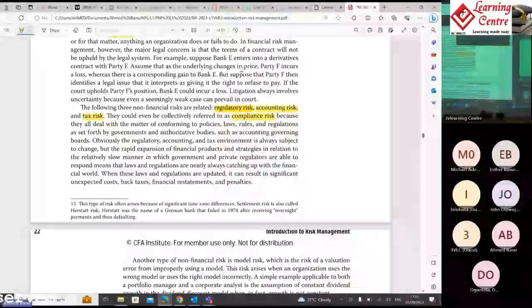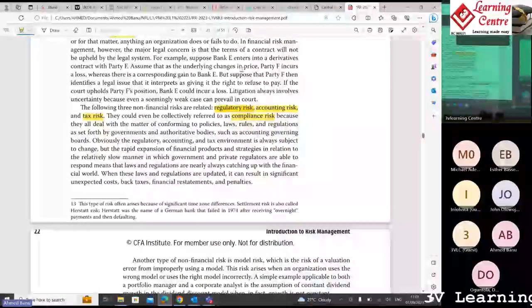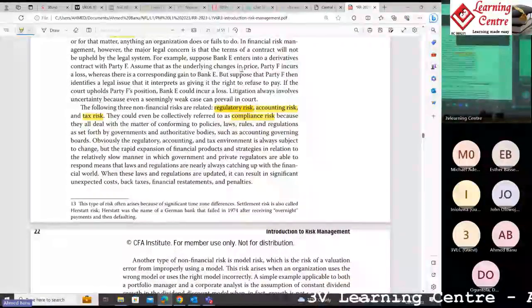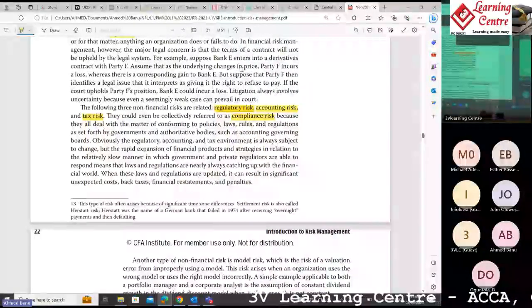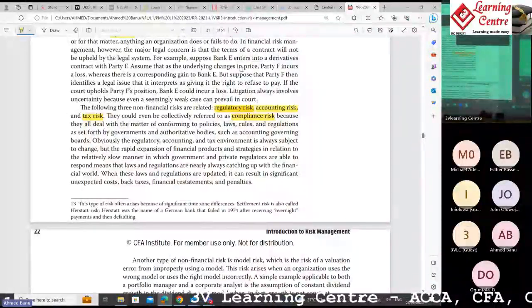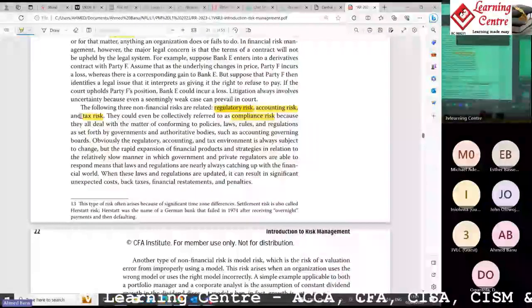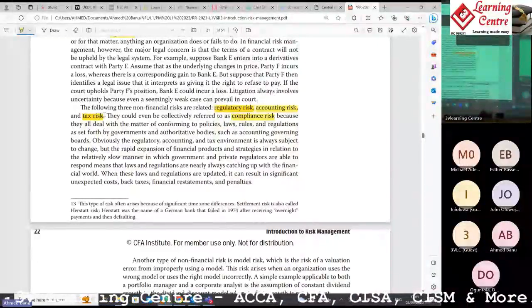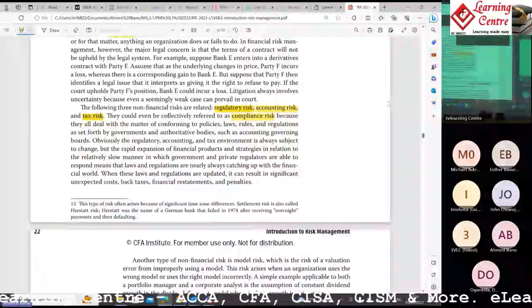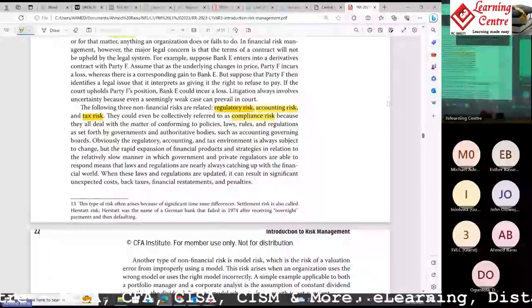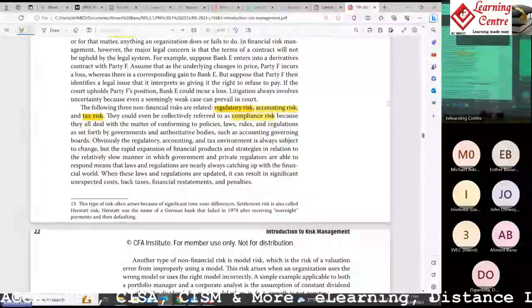Accounting risk is a result of accounting standards, IFRS, and all those. Because of one thing or the other, you did not apply a particular IFRS rule adequately, and you get fined. Then the last one is tax. I'm sure you know that tax evasion is bad. Avoidance is good. Evasion is the one that is an issue. So for one reason or the other, you decided to evade tax and you get slammed.